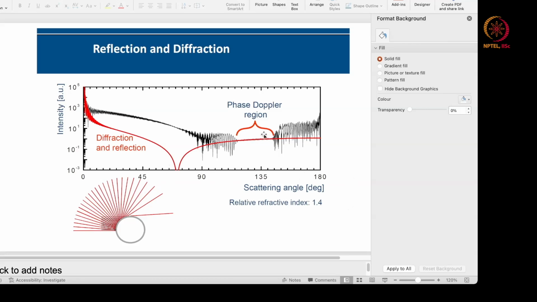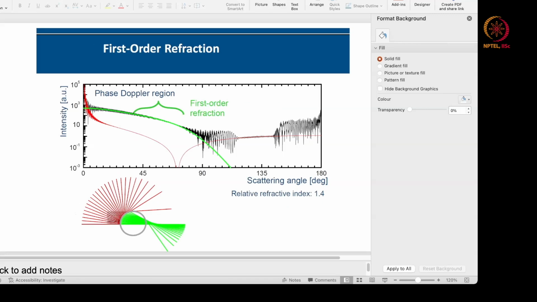This is the region where we will conduct the phase Doppler anemometry, which is around the scattering angle of this region. So this is how the scattering, the diffraction, and the reflection happen. Remember that is how we are trying to understand this.